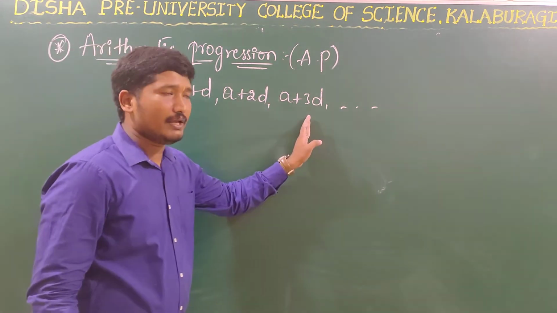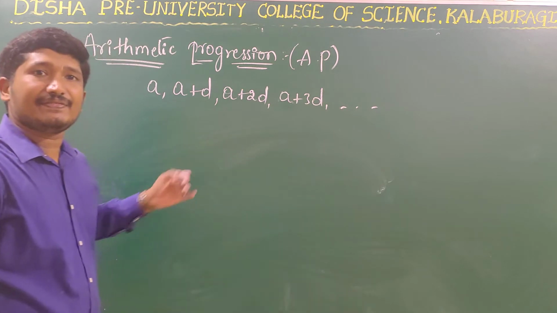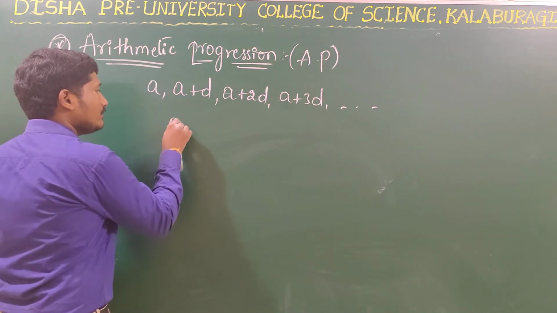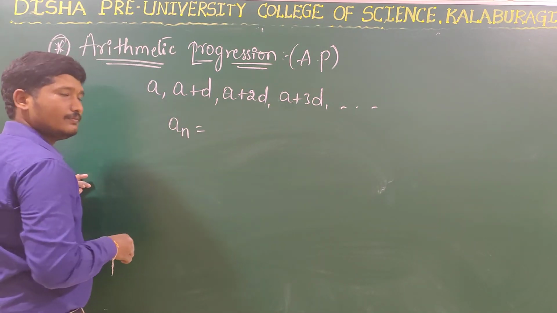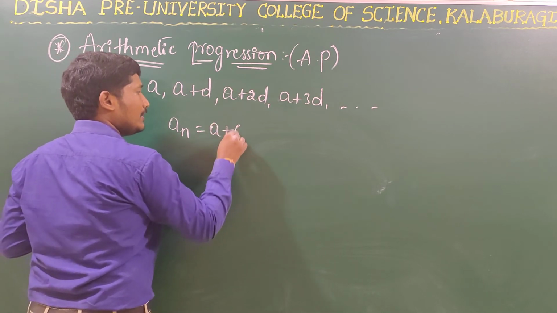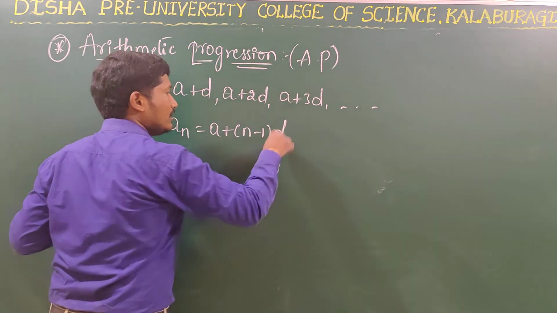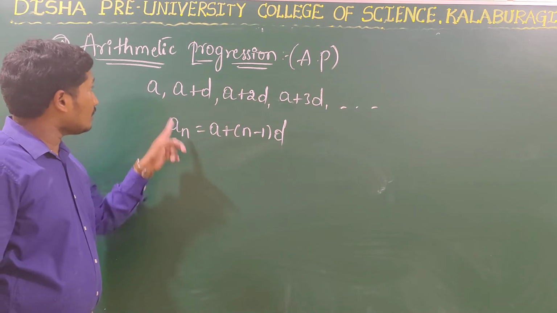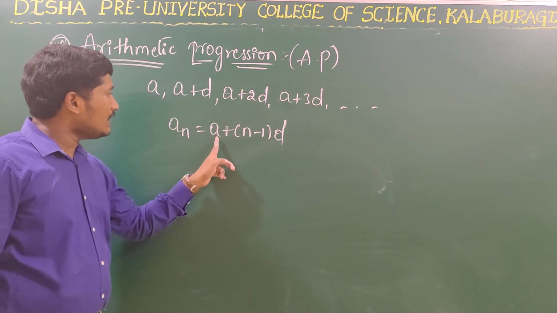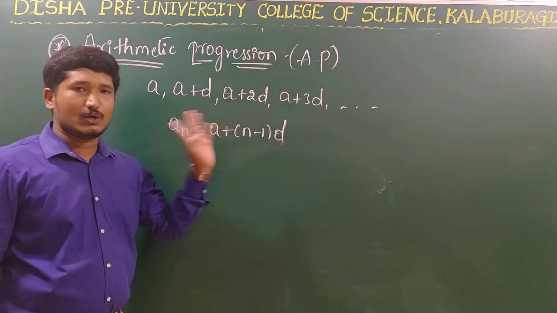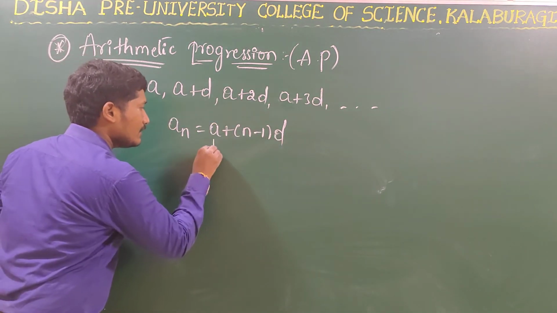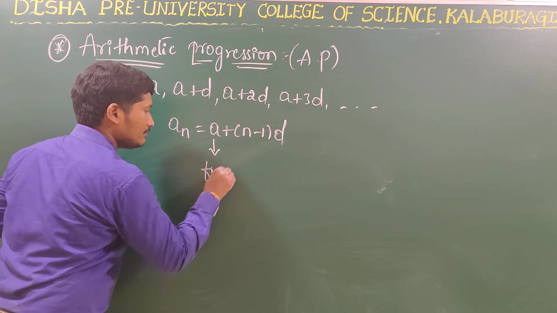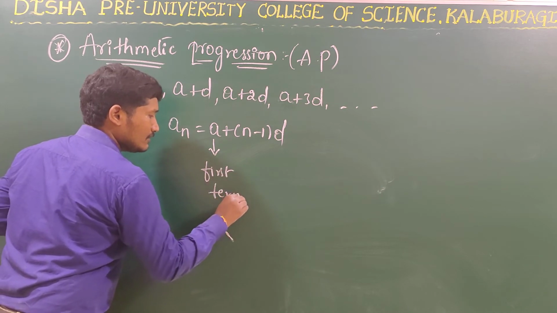So in the same way, what is the nth term of the arithmetic progression? An is equal to A plus (n minus 1) into D. Right? You have already learned this. The nth term of the arithmetic progression is given by A plus (n minus 1) into D, where A is the first term, right?